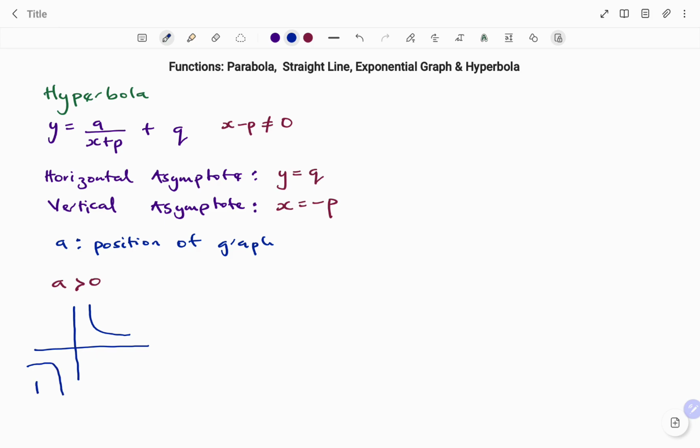That is, in the first and the third quadrant, while if we have the value of a less than 0 or negative, then the graph will be positioned in the second and in the fourth quadrant, as shown.